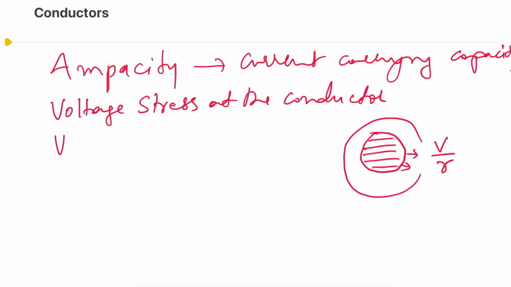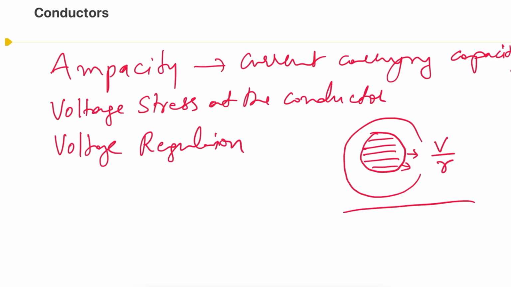Then voltage regulation. Voltage regulation means voltage drop across the length of the cable. So this needs to be considered. Under AC and DC it has different consideration. Under DC it is DC resistance only, which is normally considered negligible. But under AC, the inductive reactance comes into picture.